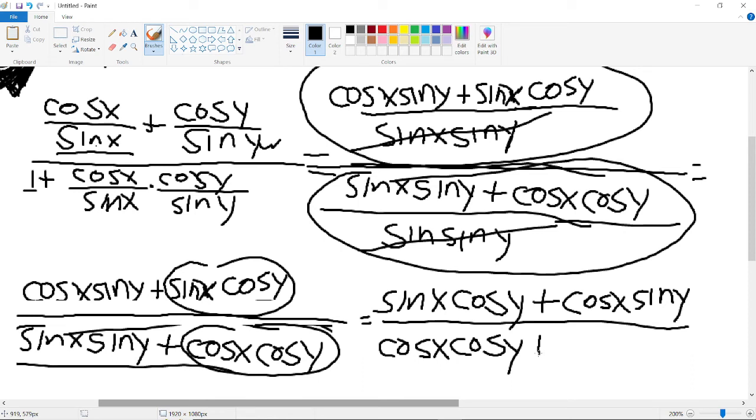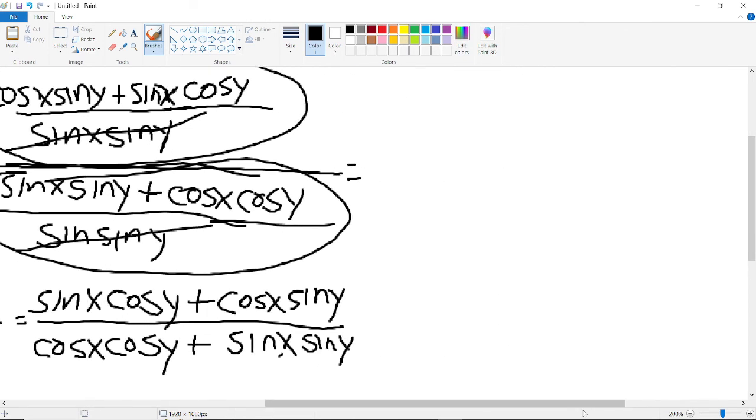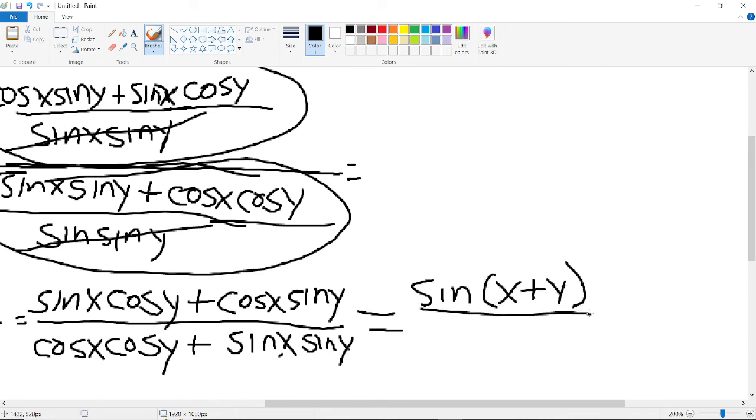You might be recognizing what's going on here. So the top is just sine x plus y. And the bottom is cosine x minus y.